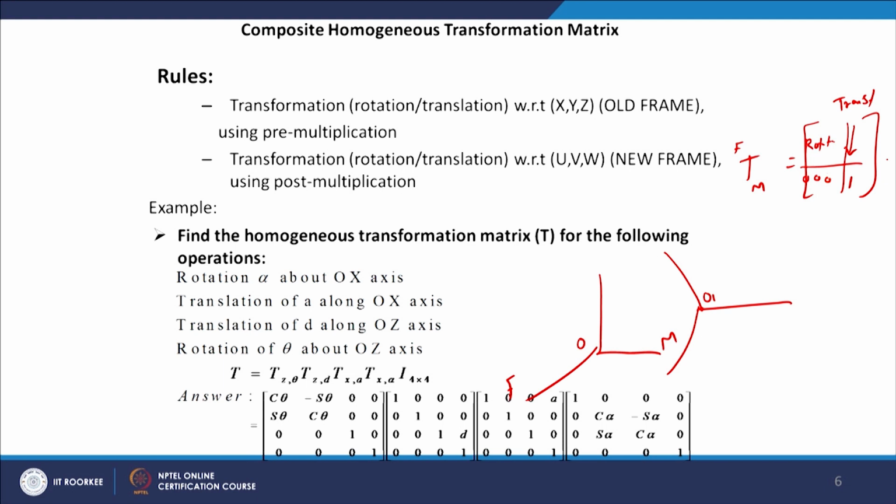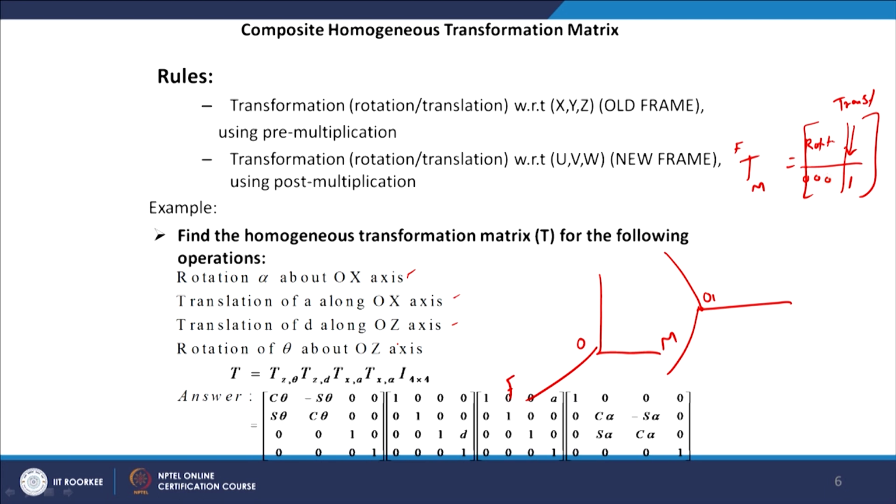So if all these are performed with respect to the fixed base frame, here OX represents the base frame x axis and OZ represents the z axis of the fixed frame. So everything is done with respect to the fixed frame.